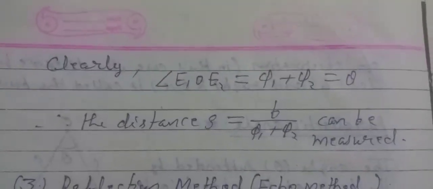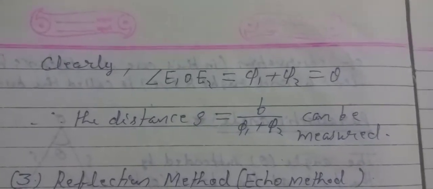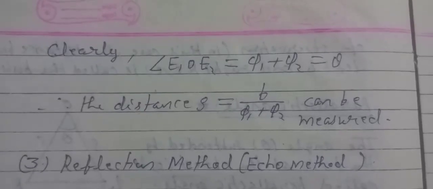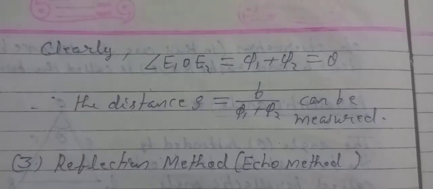Clearly from the figure, angle E1 O E2 equals phi 1 plus phi 2 equals theta. Hence the distance s equals b by phi 1 plus phi 2 can be measured.